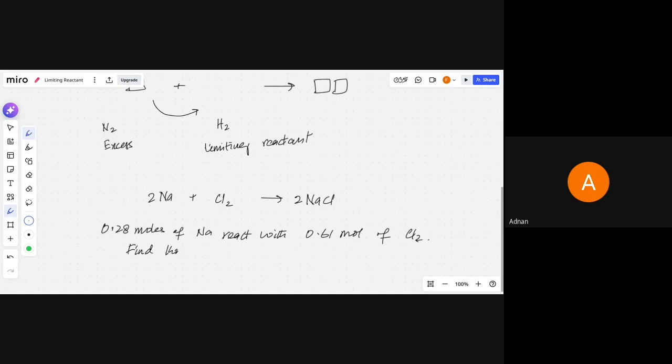Find the limiting reactant and the mass of excess reactant left unreacted, right? So this is the question.